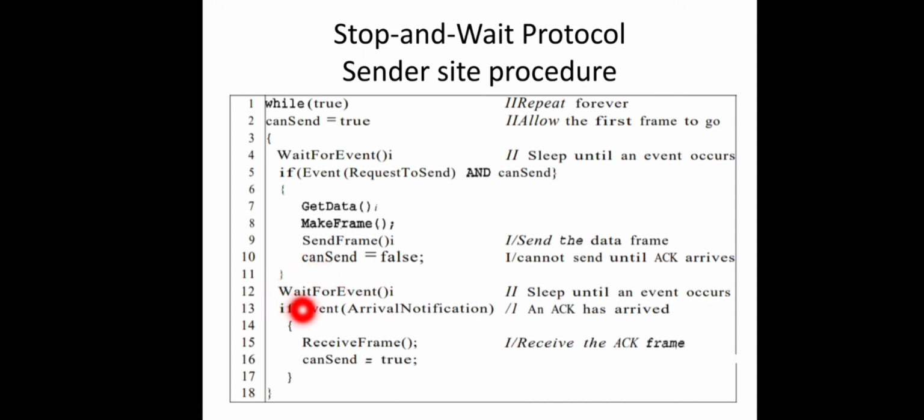Then it waits for an event. What type of event does it wait for? It waits for an acknowledgement packet received from the physical layer. If it receives such a notification, it receives the corresponding acknowledgement, then sets the can-send value true. You can send the next frame. That is the sender side procedure.